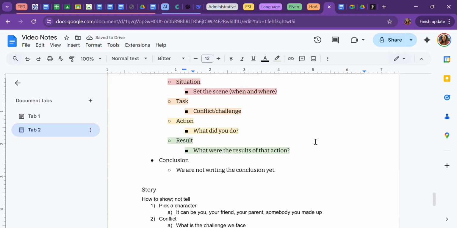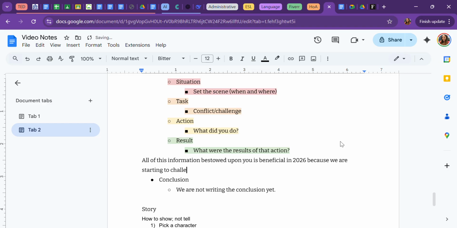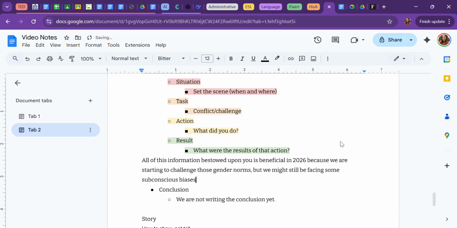So now if I'm using this with my fourth body paragraph, which in this case is why is this beneficial in 2026, all of this information bestowed upon you is beneficial in 2026 because we are starting to challenge those gender norms, but we might still be facing some subconscious biases.